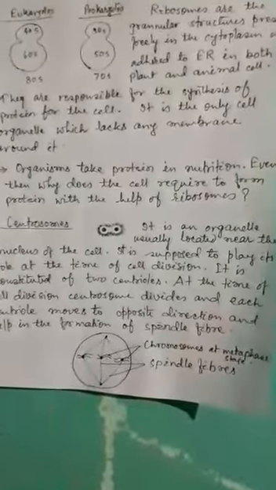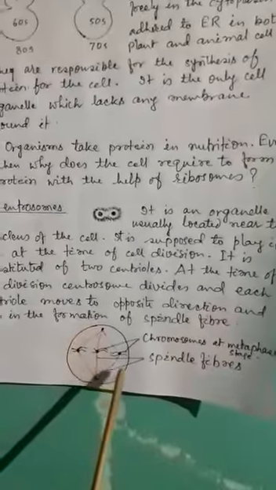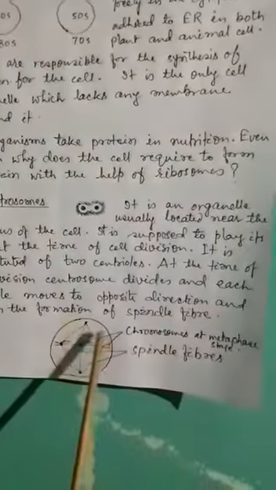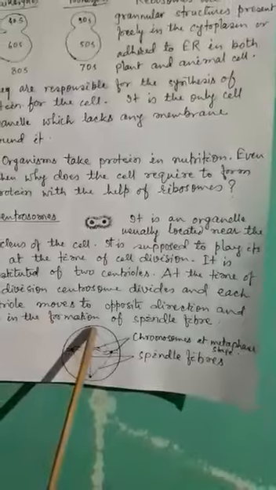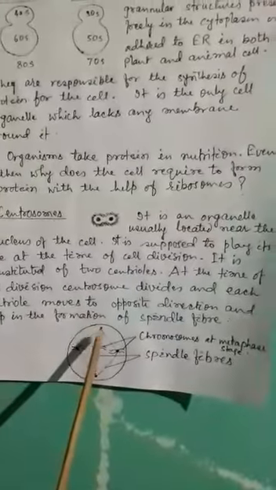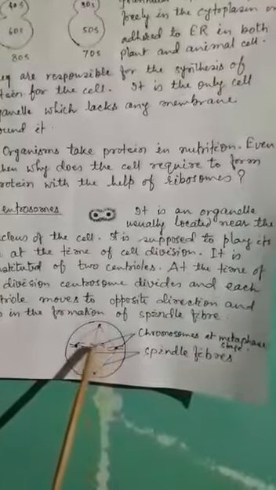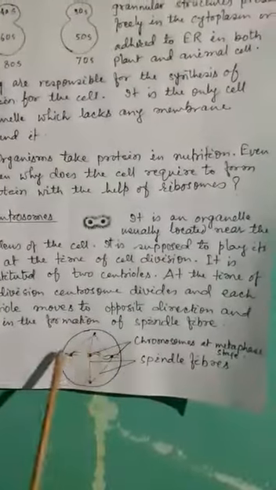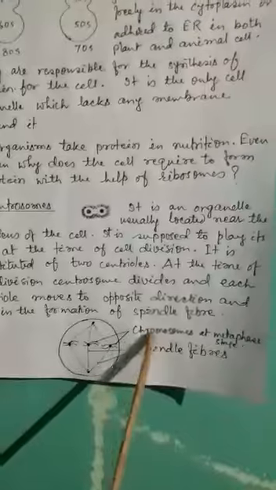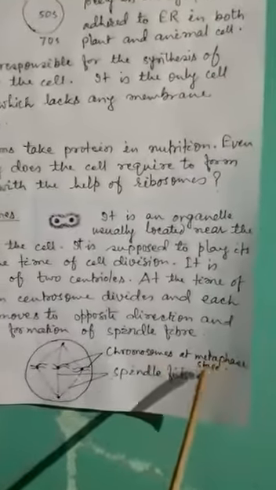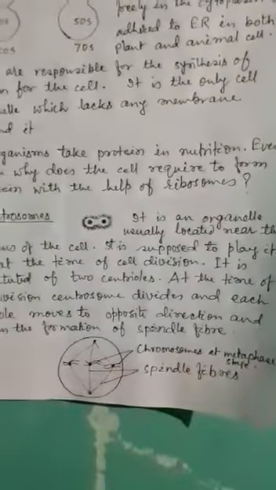Here is the diagram of a cell under the process of division. You can see here that the centrioles have moved to opposite poles and chromosomes have arranged at the equatorial plate. These are chromosomes at the metaphase stage of cell division.